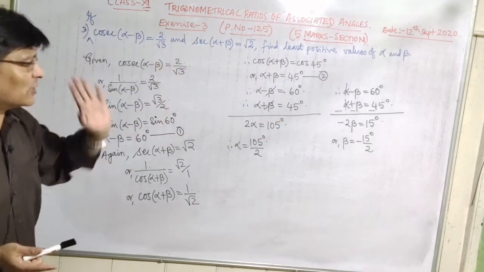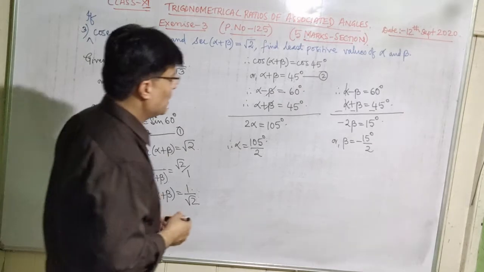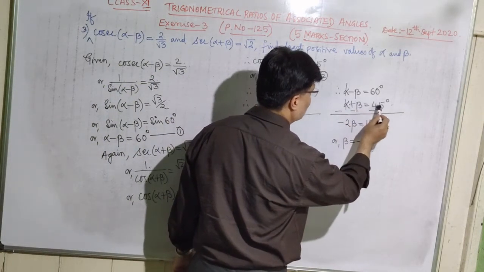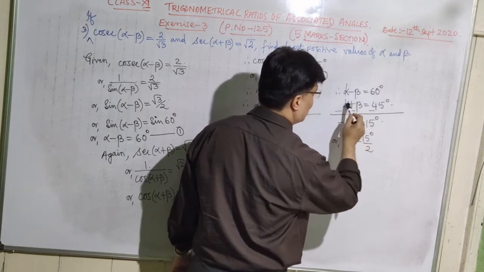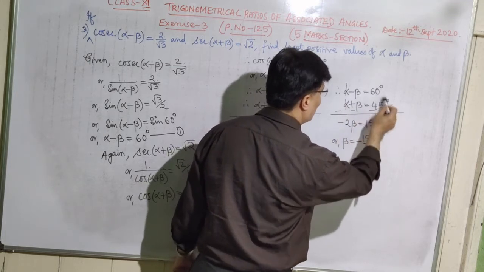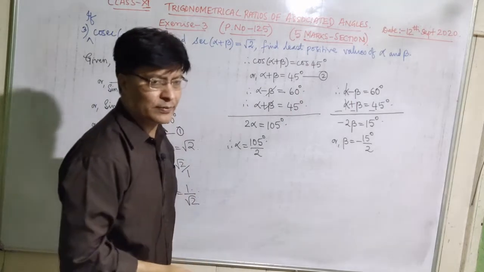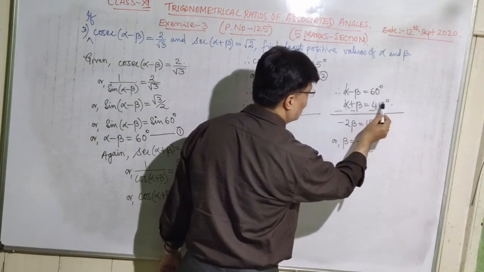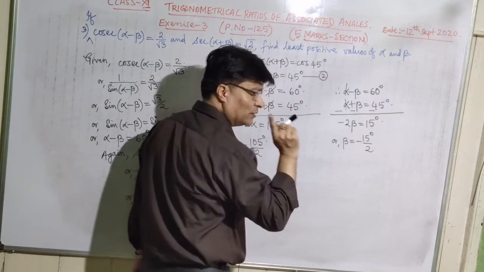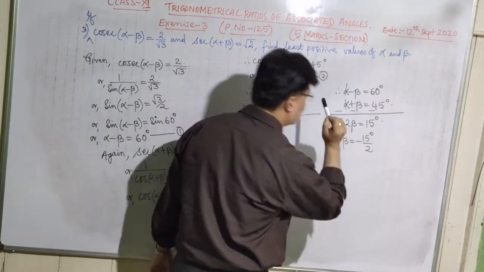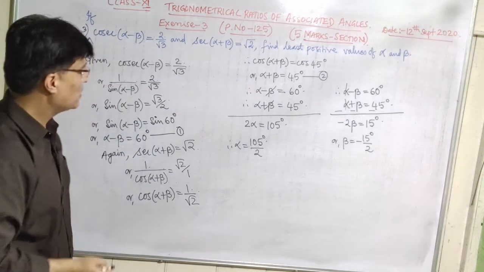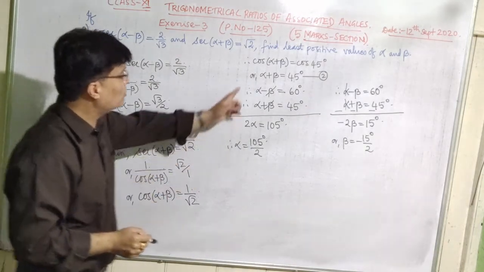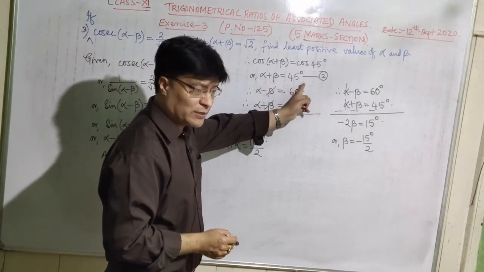But if alpha plus beta were more than 60 degree, instead of 45 degree, then we could have got beta as positive. Now in this case, since cos(alpha plus beta) is 1 by root 2, alpha plus beta is 45 degree.